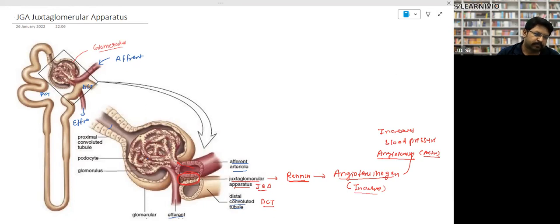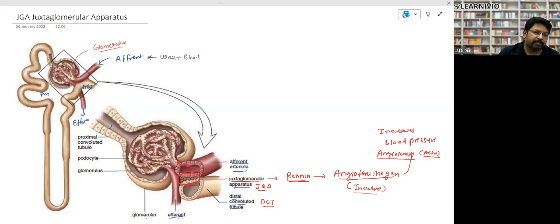Look, try to understand. This is the afferent pipe, which is bringing the urea plus blood, right? Afferent, it is bringing the urea plus blood, meaning unfiltered blood to get filtered.